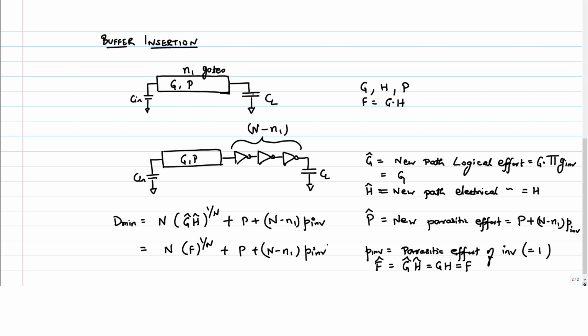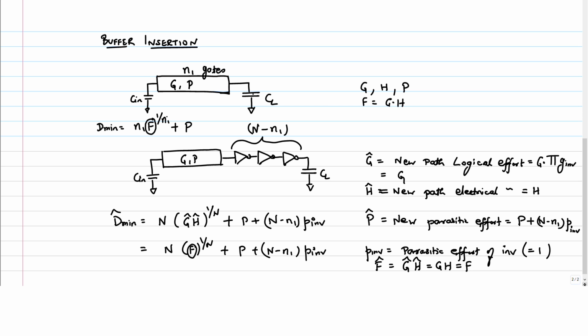Now, what was the delay of this earlier circuit here? I will say D min hat because that's my new circuit. The D min here was n1 f power 1 by n1 plus P. So it's important to note that these two values are the same in both equations.